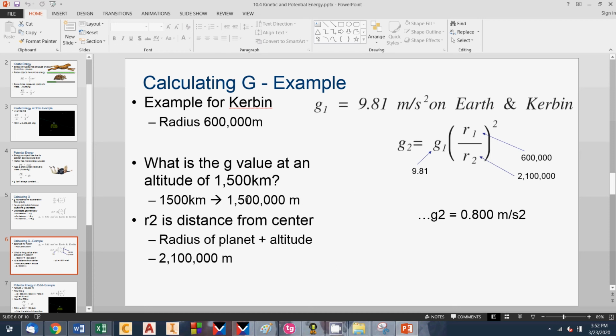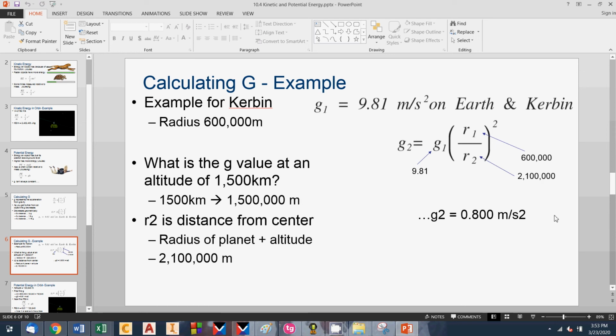So we have to add on the actual radius of the planet to that, because this 1,500 kilometers gets us from where we are in altitude to the surface of the planet. Then we have to add that other 600,000 meters to get from the surface of the planet to the center of the planet. So 600,000 meters plus 1.5 million meters gives us this 2.1 million meters.